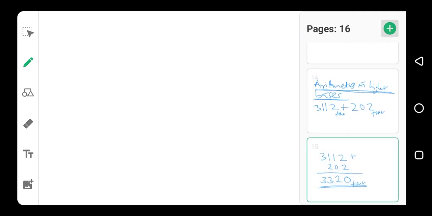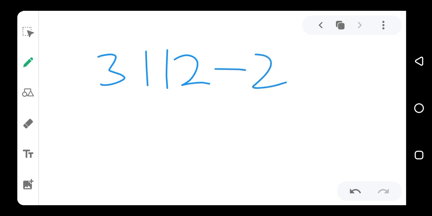Now, if we are to subtract, the two numbers are still in base 4. Subtraction, we have 3112 minus 202. How do we do it?